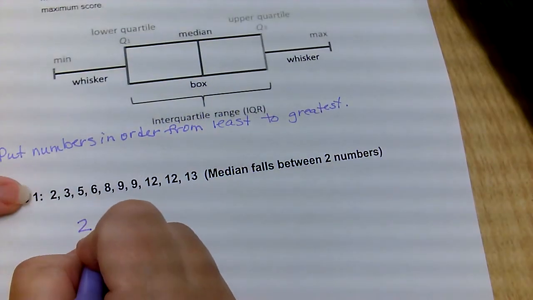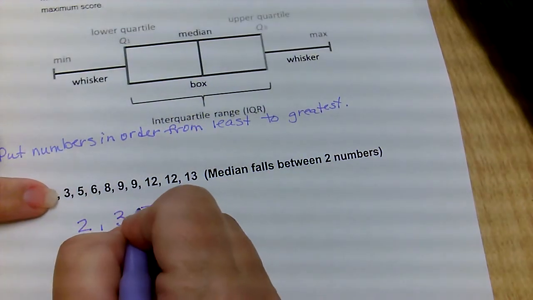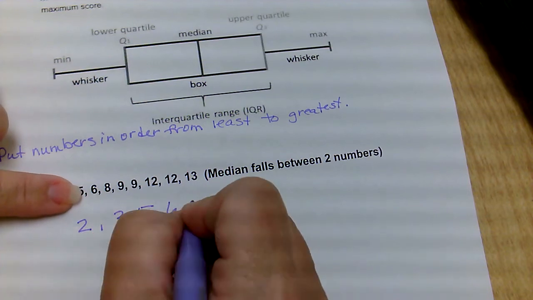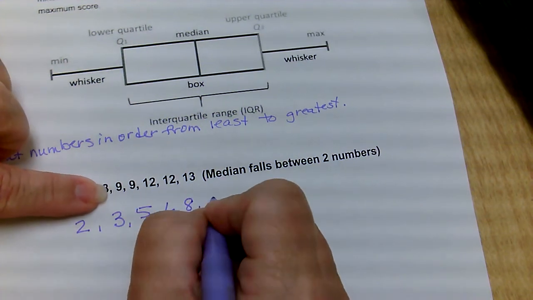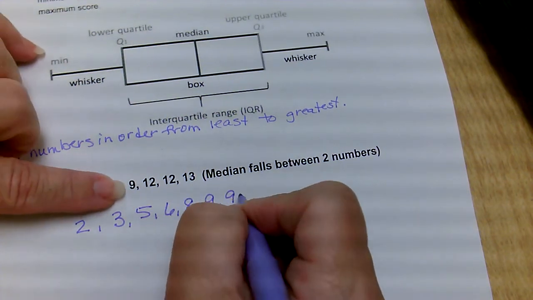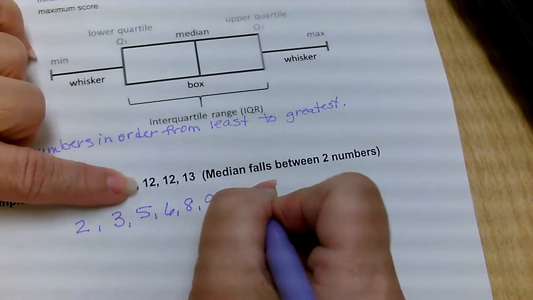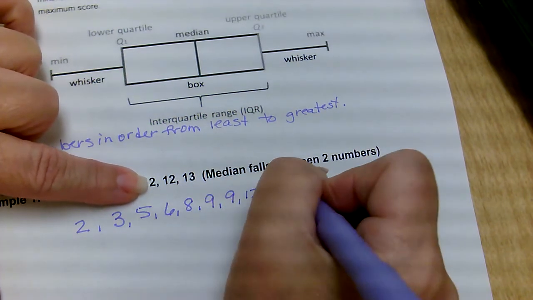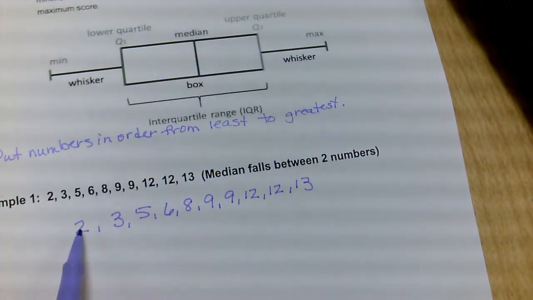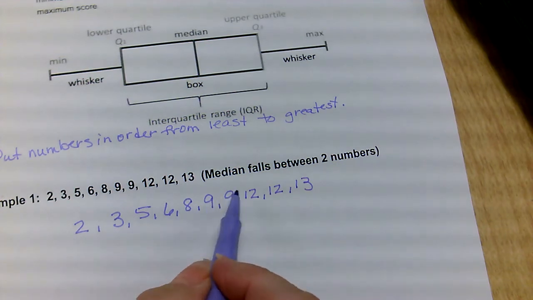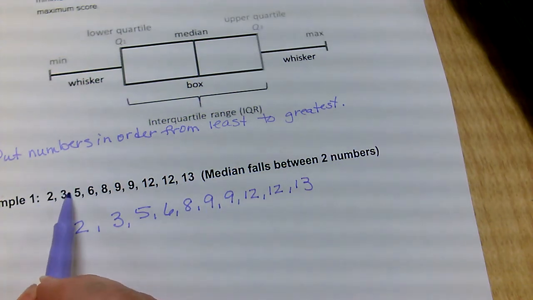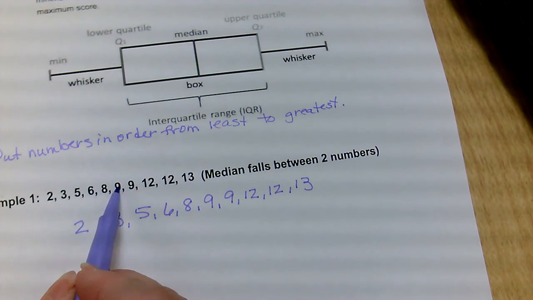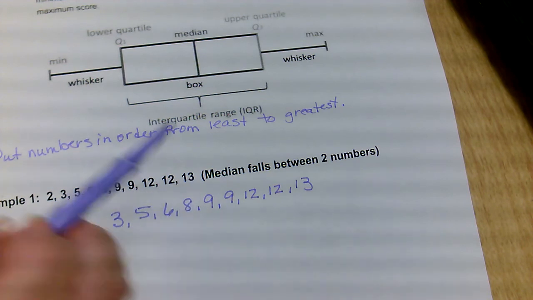I've got 2, 3, 5, 6, 8, 9, 9, 12, 12, and 13. So that's 10 numbers.